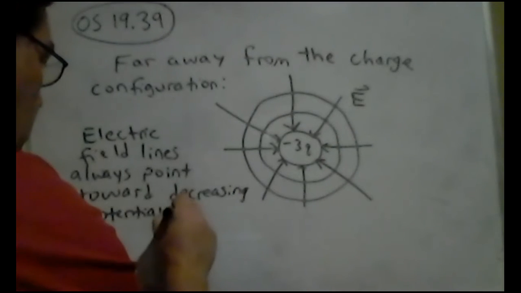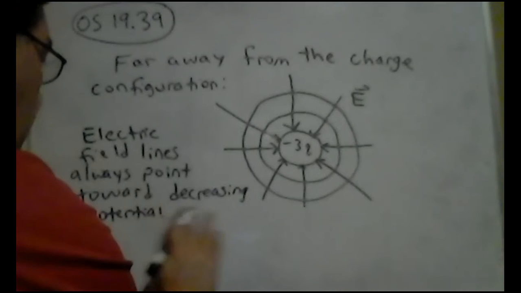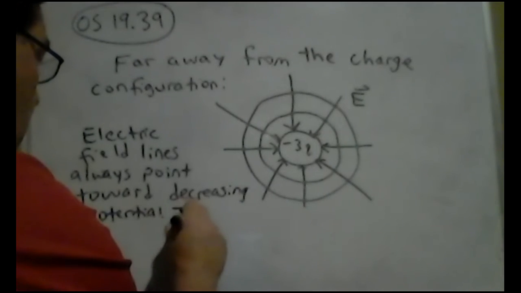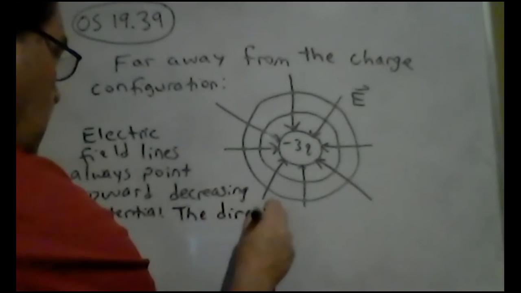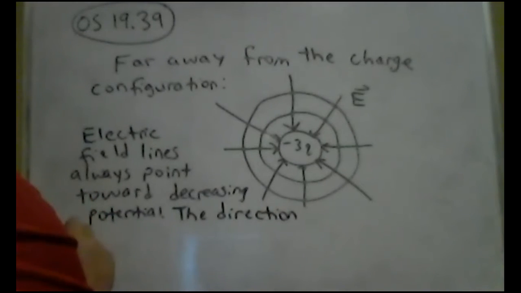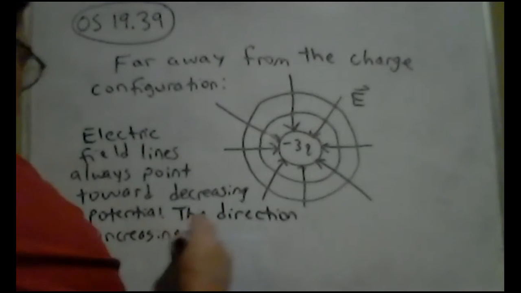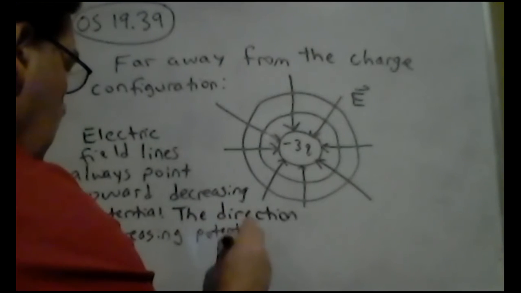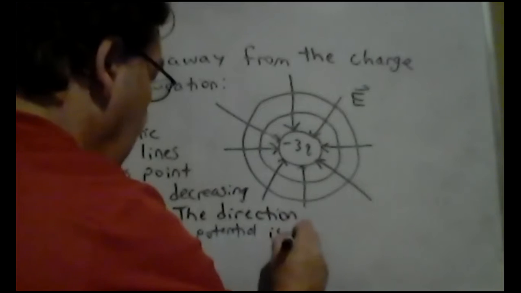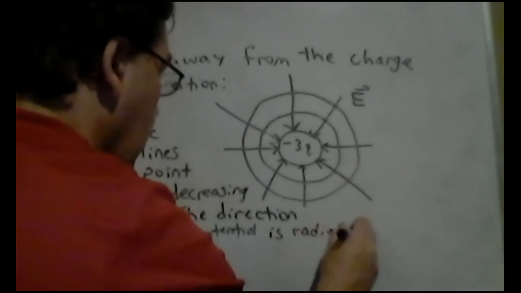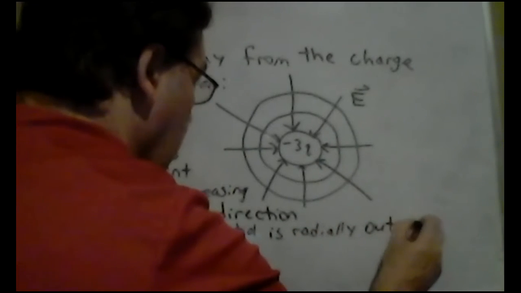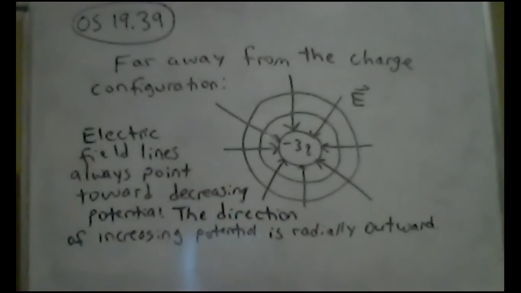Hence, the direction of increasing potential is radially outward, the opposite of where the electric field lines go. Electric field lines always point in the direction of decreasing potential, higher potential to lower potential.